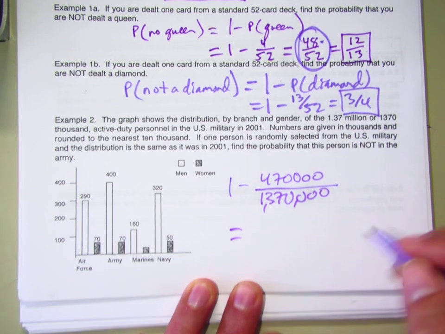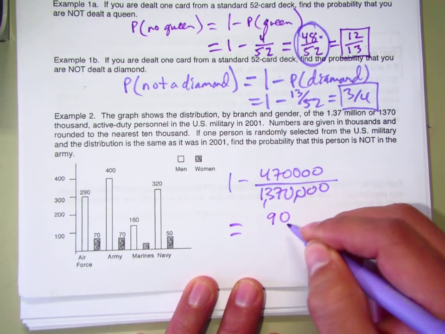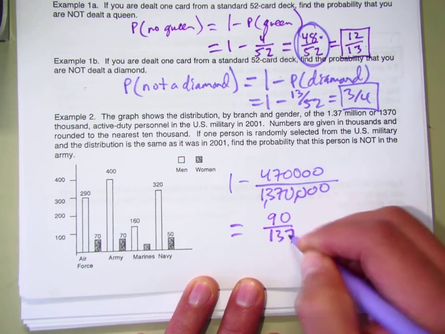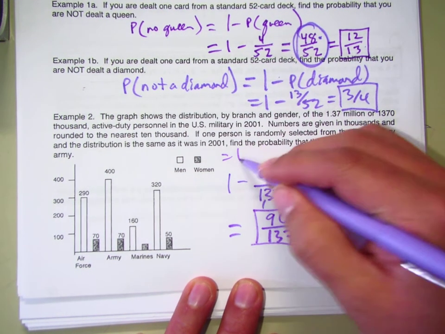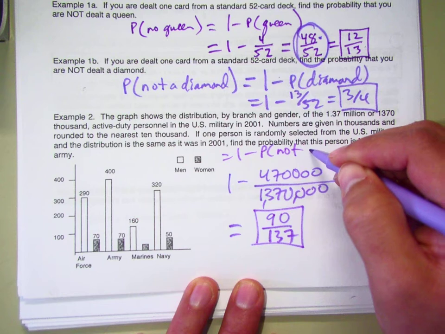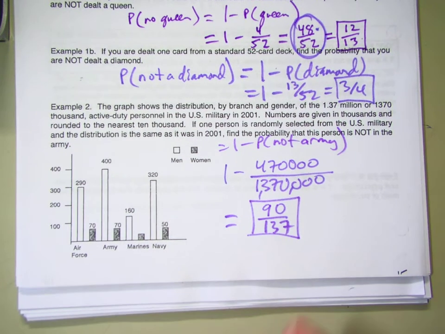And what did you get? 90 over 157? So it's just 1 minus the probability that we're not in the army. Okay. Nicely done. Any questions?